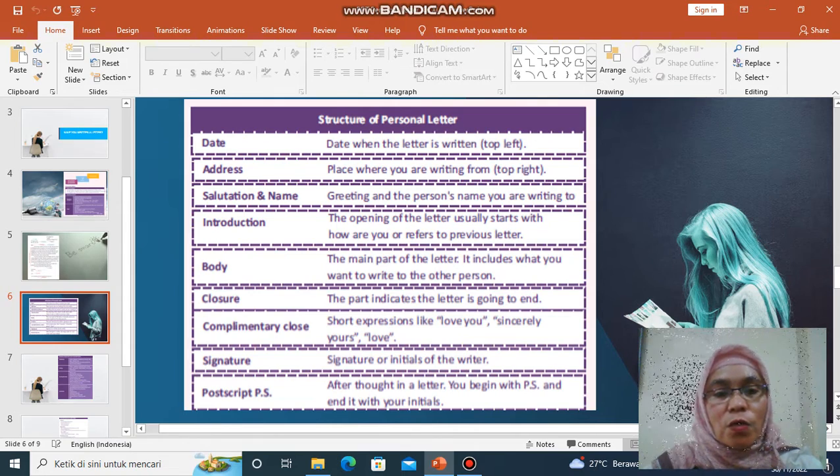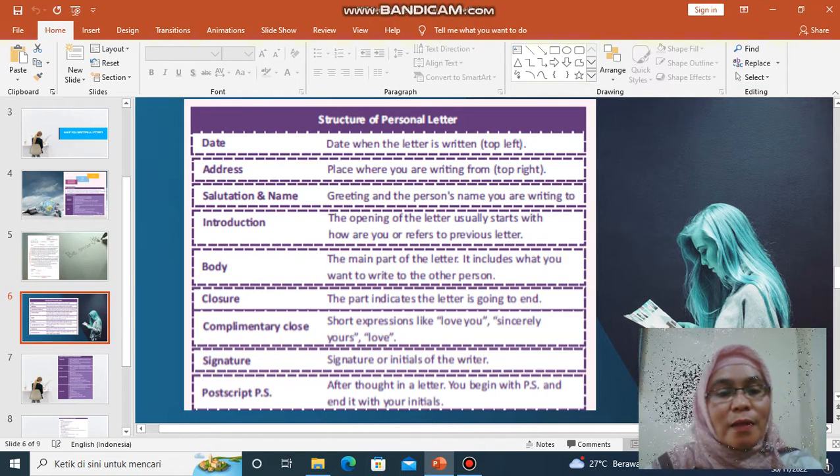And then the closer, the part that indicates the letter is going to end. And complimentary close, you could say love you, sincerely yours, love, and so on. And then signature, put your signature so the people who accept your letter will know that, oh yes, that's right, it is from my friend.